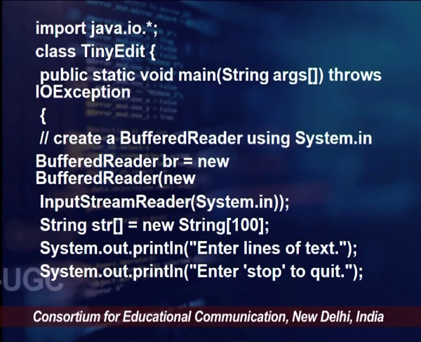A string in Java is basically a complete class. So, String str[] = new String[100]. Now you must be wondering that if it is a data type, why have we used new String?